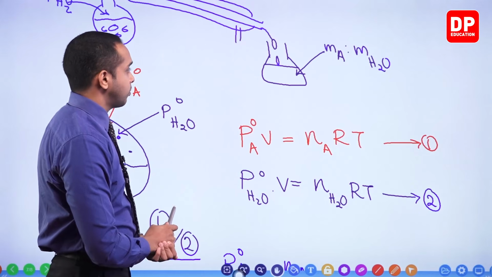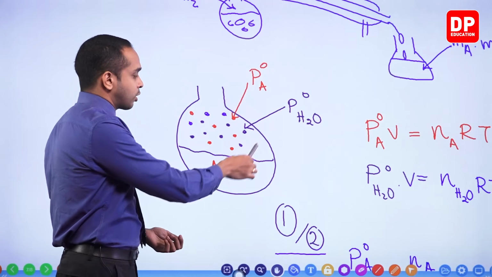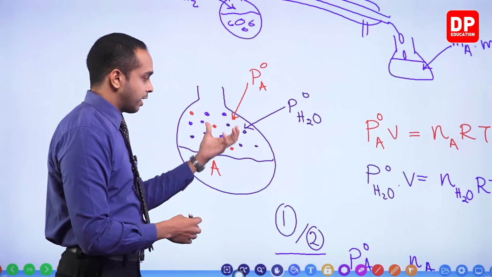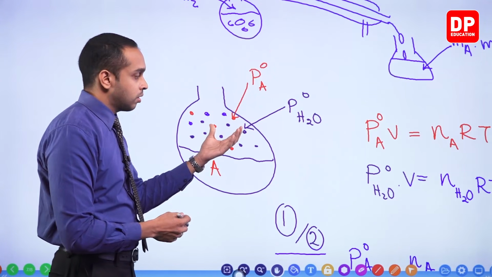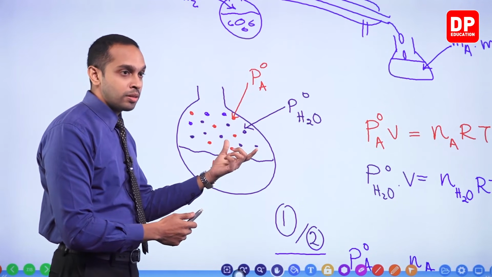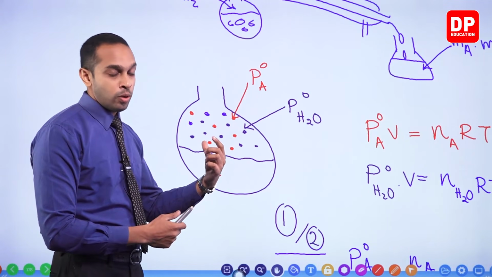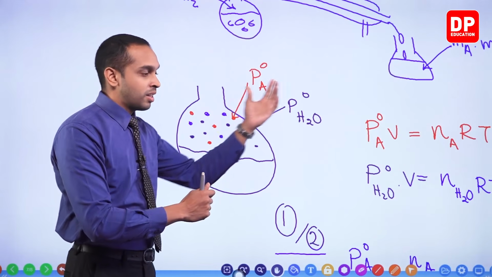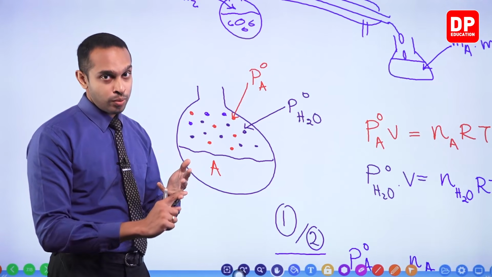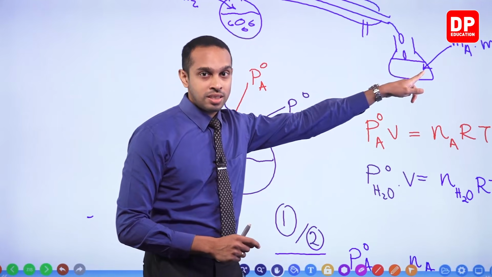Okay, and we obtain that answer by having an idea about what actually takes place when you're carrying out steam distillation. We are taking the vapor that is produced here and we are condensing it. So if you know the composition of the vapor, composition in the sense the number of moles of A as well as the number of moles of water in the vapor, we can then directly identify the number of moles of water and number of moles of A found when they are condensed, because the same vapor is what is getting condensed here.